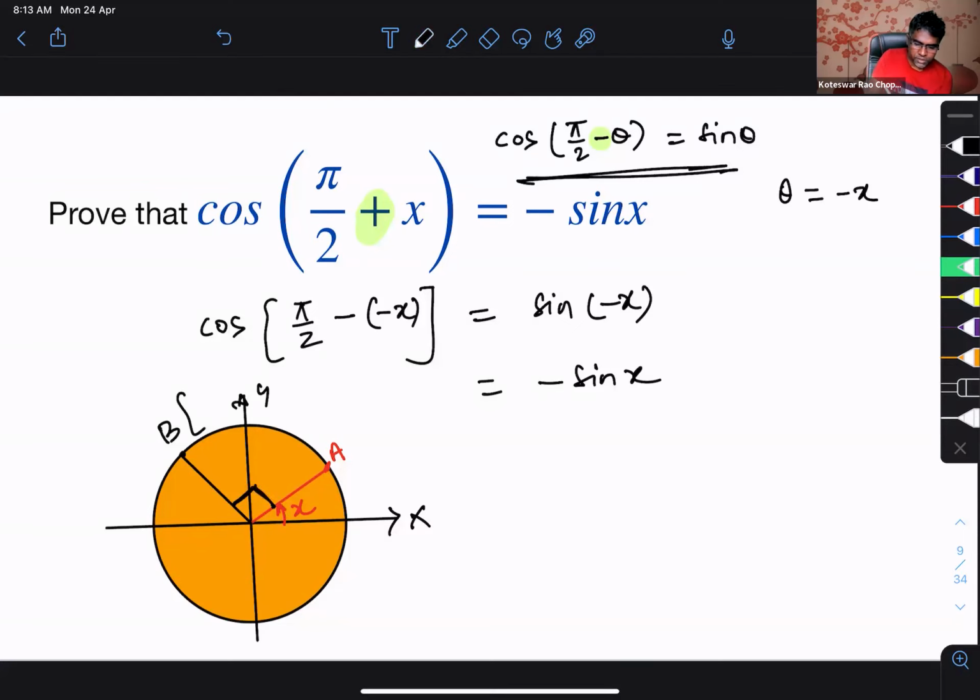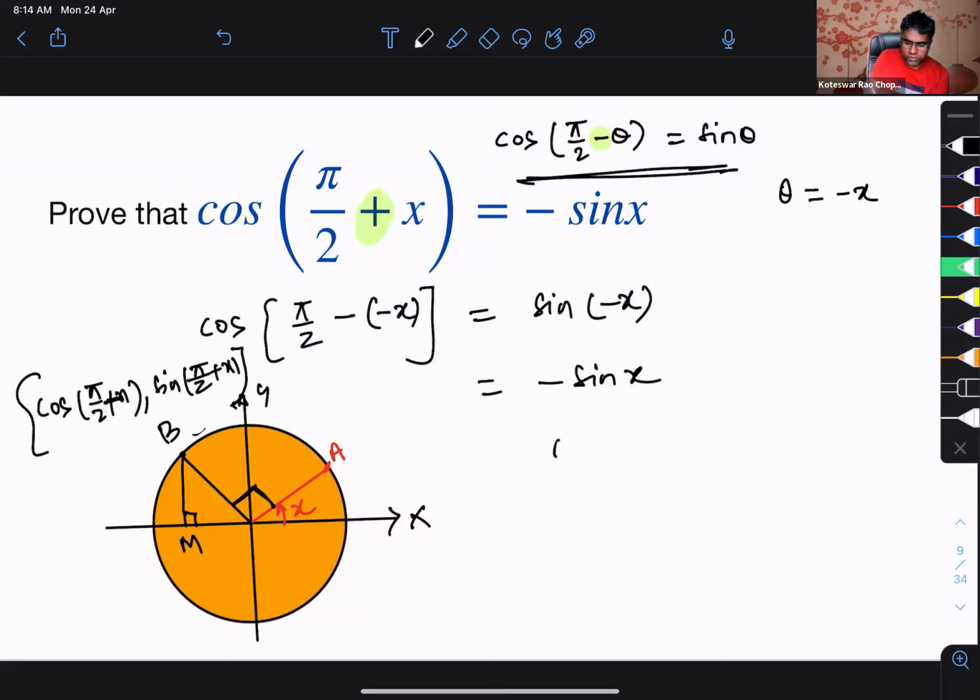Now, what are the coordinates of B? I need some space. So the coordinates of B will be cos of pi by 2 plus x, and then sine of pi by 2 plus x. That pi by 2 plus x we will use a little later. Now, drop a perpendicular from B to the x-axis.